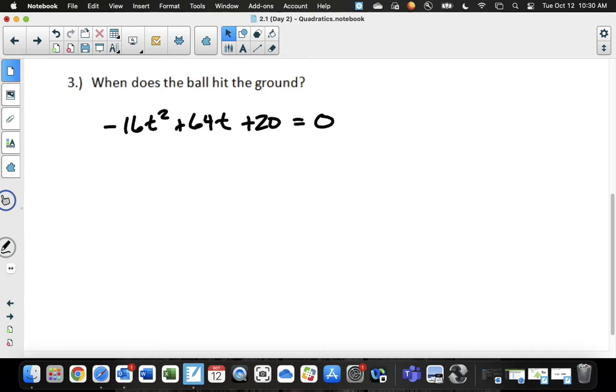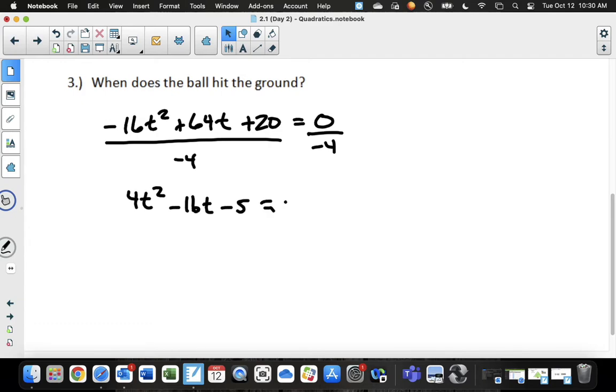Even if you factor, at least you're working with smaller numbers. If you go through the quadratic formula, it's smaller numbers. What do you want to do, 4 or negative 4? Negative 4. Okay, let's go with negative 4. I'm going to divide both sides by negative 4. Okay. So we end up with 4t squared minus 16t minus 5 still equal to 0 when I divide by negative 4.